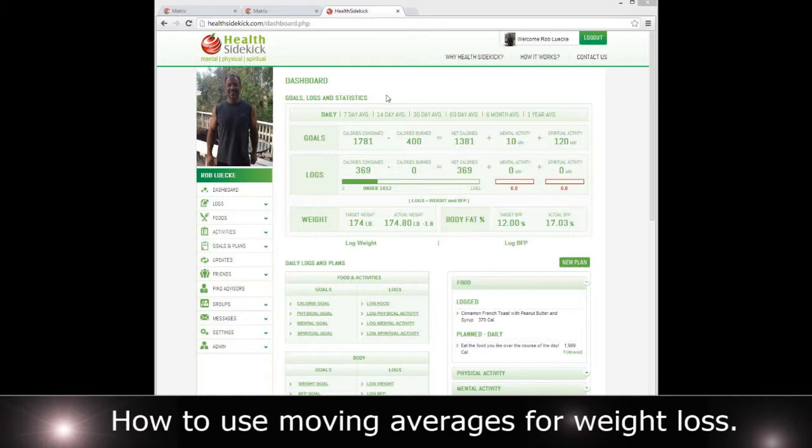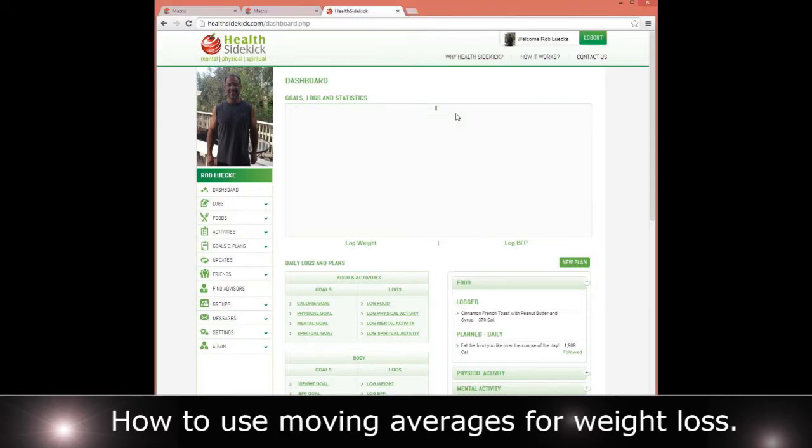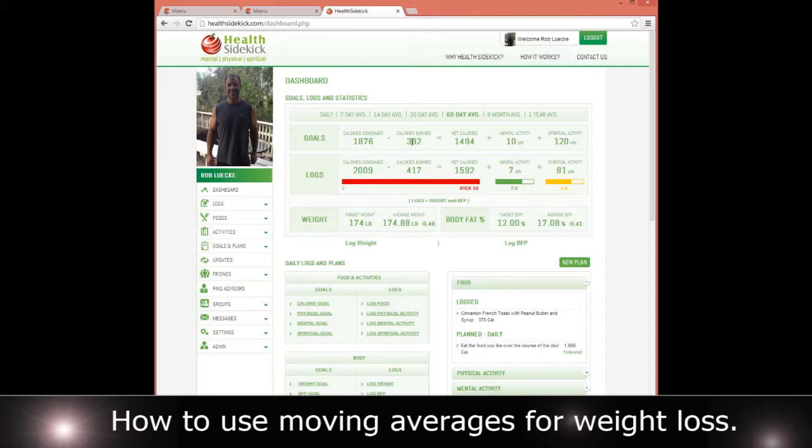So what a moving average is, all a moving average does is tell me what my average was over a certain period of time. For example, if I click on my 60-day AVG, this is telling me that on average over those 60 days, on a daily basis, I consumed 2,009 calories.